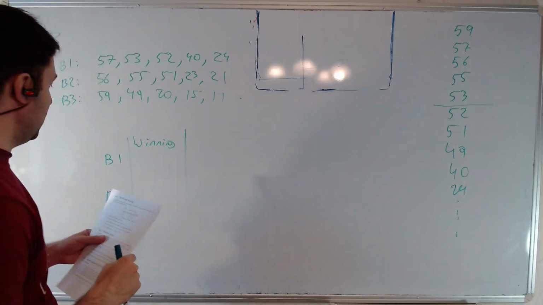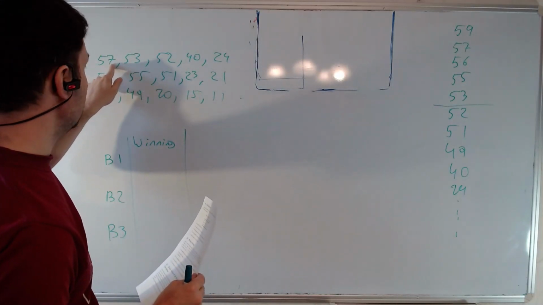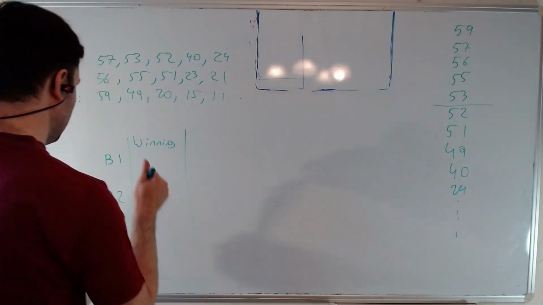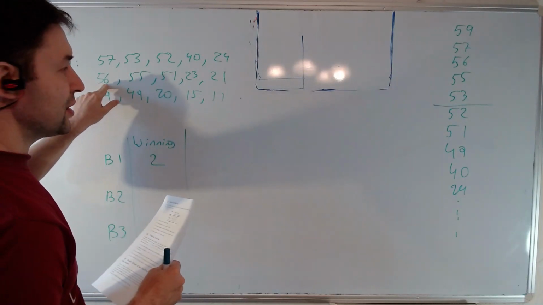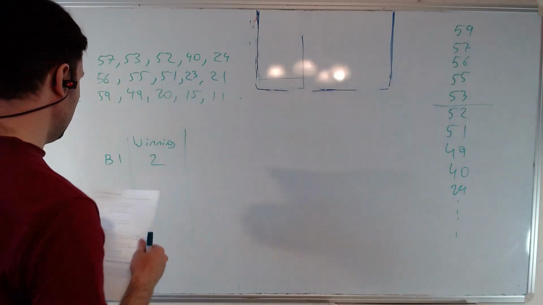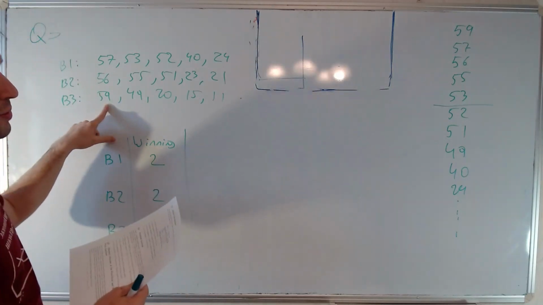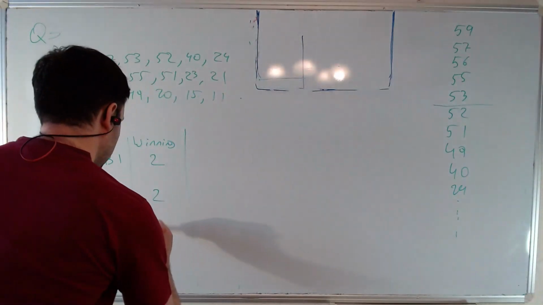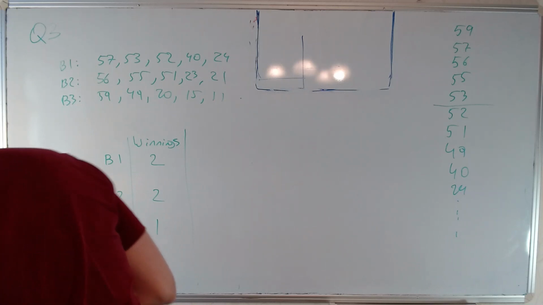For bidder 1, he won 2 units because his bid of 57 won, and then his bid of 53 won. So he got 2. Bidder 2 got 56 and 55, so he also got 2. And bidder 3 gets only 1 because his bid of 59 won, but his next bid, 49, is very low. So that's 2, 2, 1.